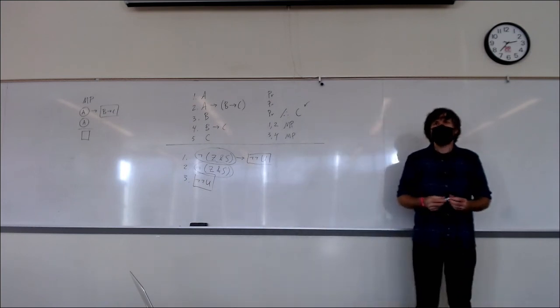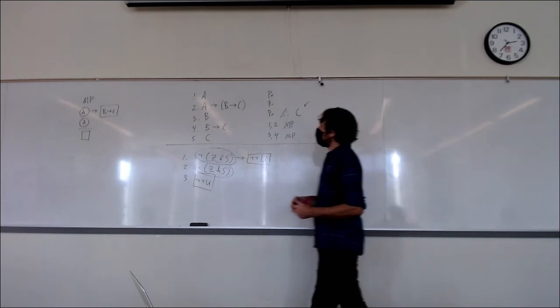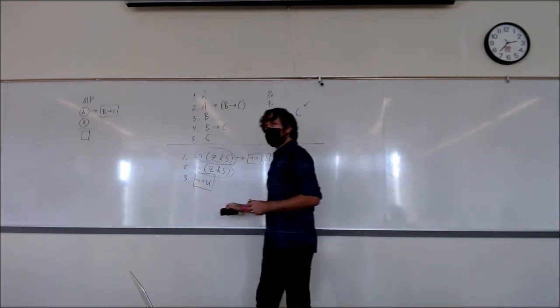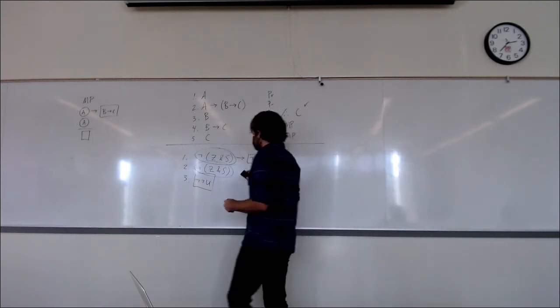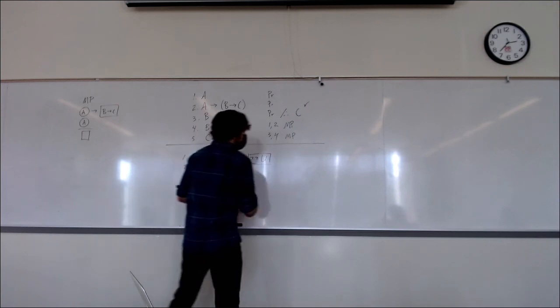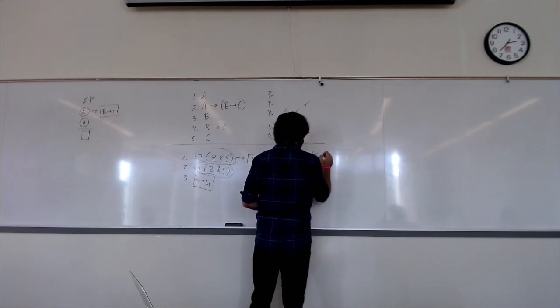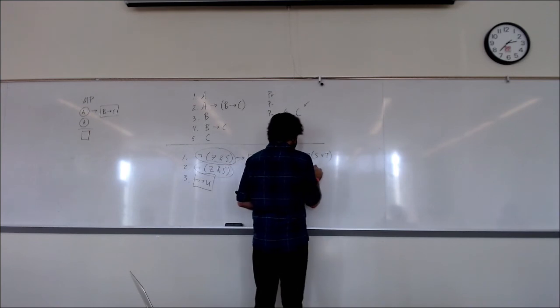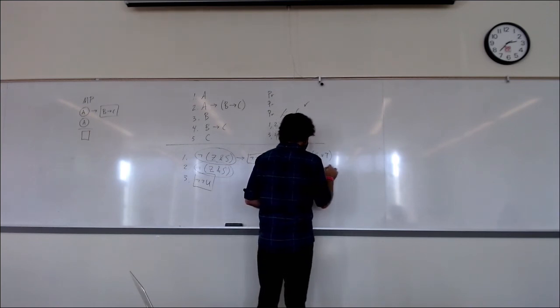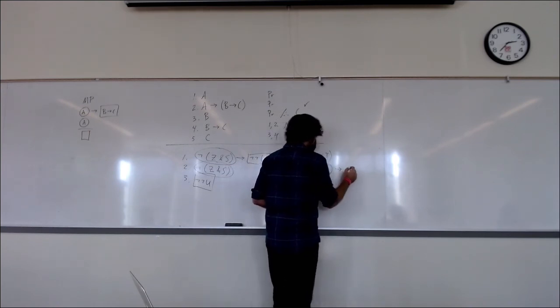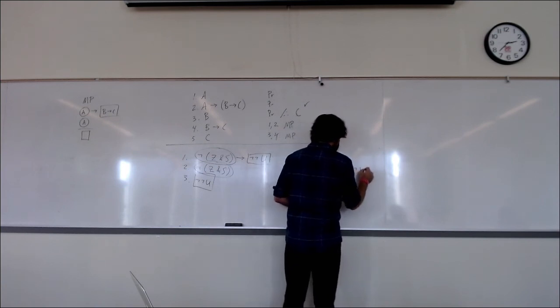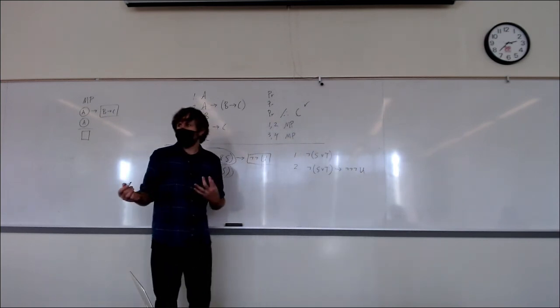Can we do one that's switched up like last time? What do you mean switched up? The order is different? Yeah, out of order. Okay. So if you have something like not S or T, line 2, let's say you have not S or T, arrow, not U. Okay, let's do 3 negations.